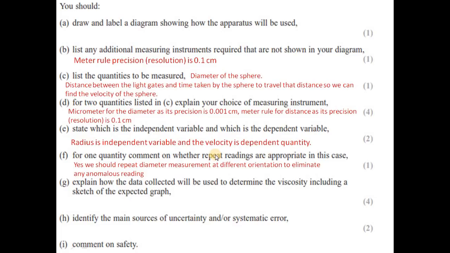Identify the main sources of uncertainty and/or systematic error. A source of uncertainty is parallax error, because we are measuring distance with the help of a meter rule by naked eye, so we might have a parallax error in our measurement. And as we are using a micrometer screw gauge, we might have zero error in our screw gauge as a systematic error.